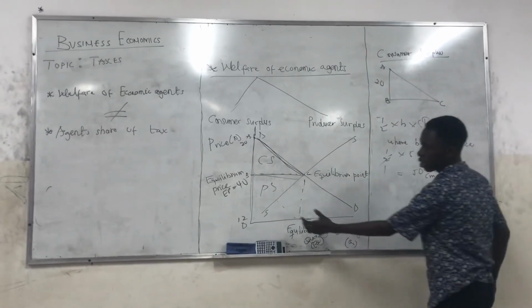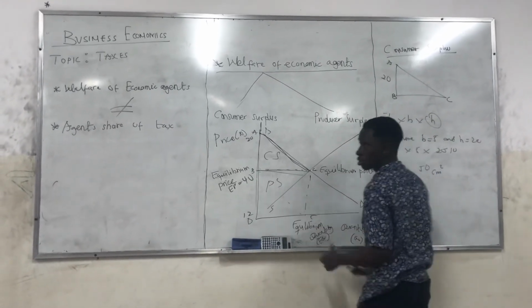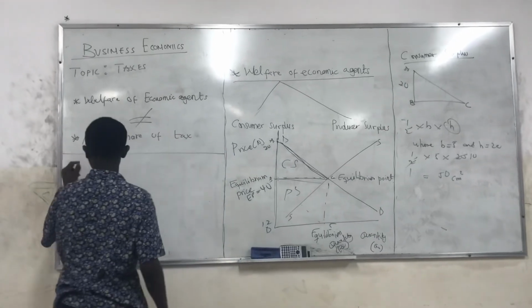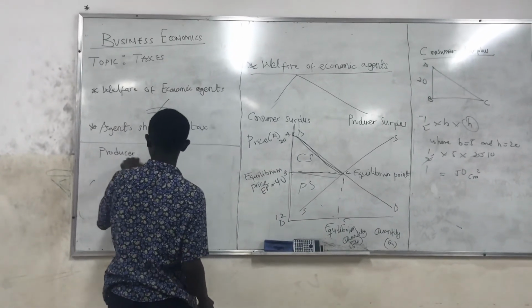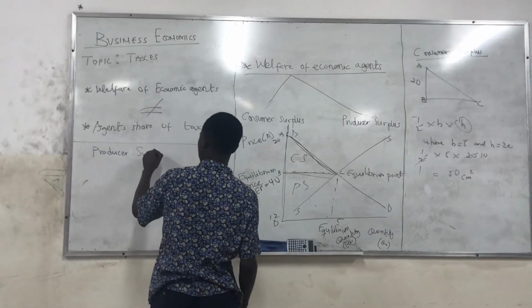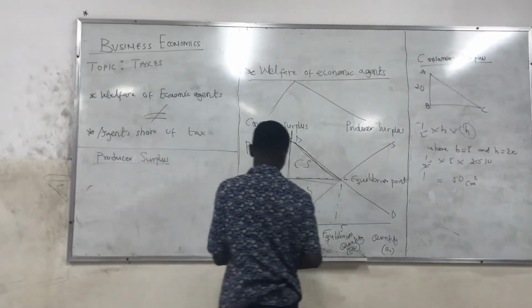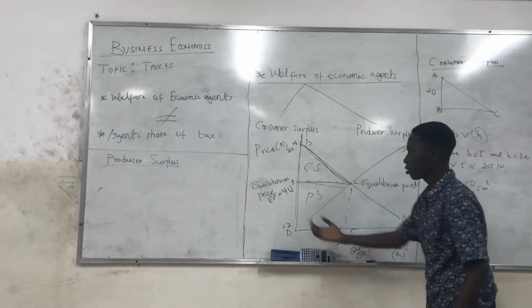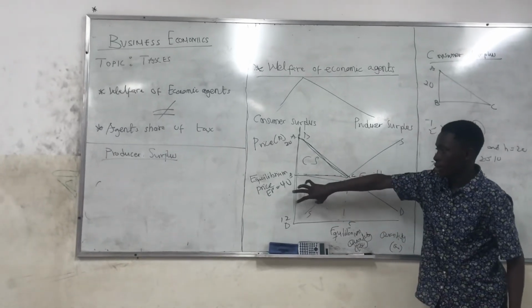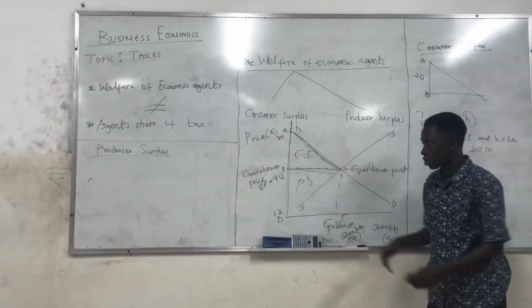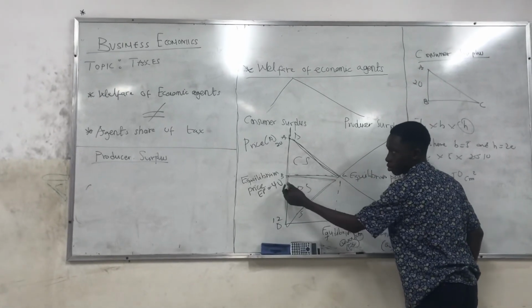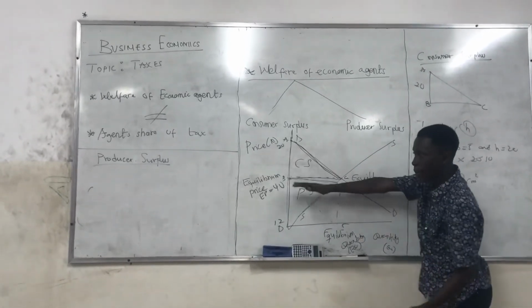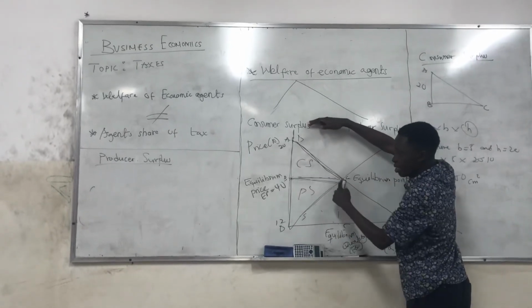So let's move to the producer surplus. The diagram beneath the equilibrium price, which is this side. Consumer surplus is above the equilibrium price, which is ABC.